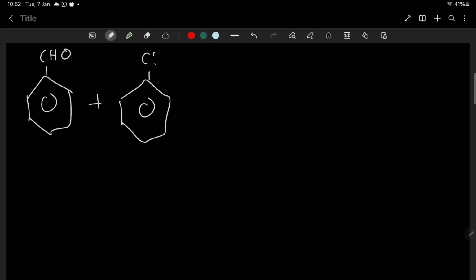Now if we are using benzaldehyde and doing the Cannizzaro reaction, that is 2 molecules of benzaldehyde plus concentrated KOH. Try it. What happened?